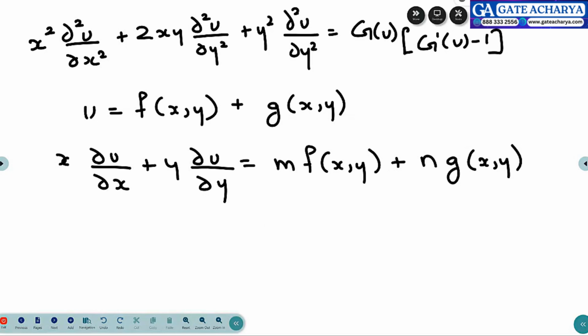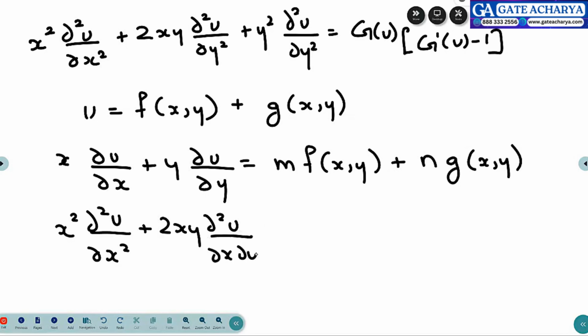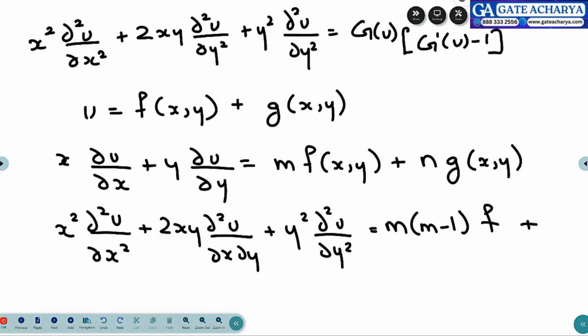We want a second order version of this: x square into dou square u by dou x square plus 2xy into dou square u by dou x dou y plus y square into dou square u by dou y square equal to, how will it operate? m into m minus 1 into the function f plus n into n minus 1 into function g.